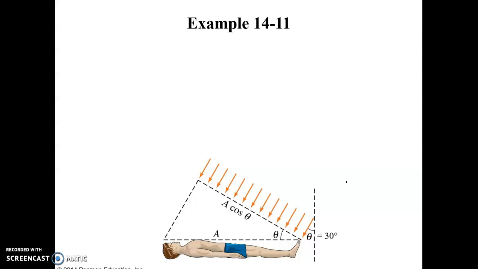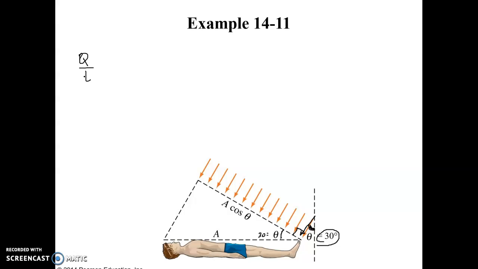So our angle here is 30 degrees. It said that the sun's rays were making a 30-degree angle with the vertical. By a little bit of geometry, we can see that that's 30, and this is 90, then this will also be 30. So that theta is 30 degrees.